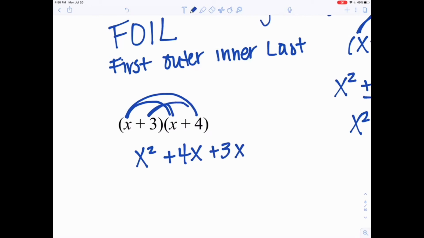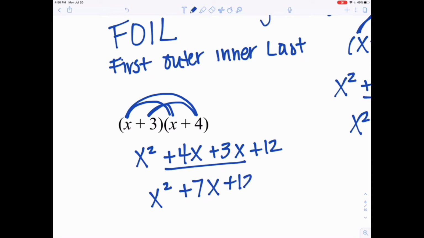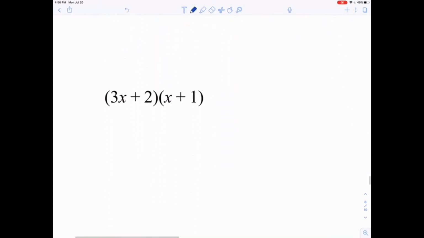And we do last, positive 3 times positive 4 is positive 12. We combine like terms, so we add up these two, and we get x squared plus 7x plus 12. And there we go. Okay, so let's look at some practice.